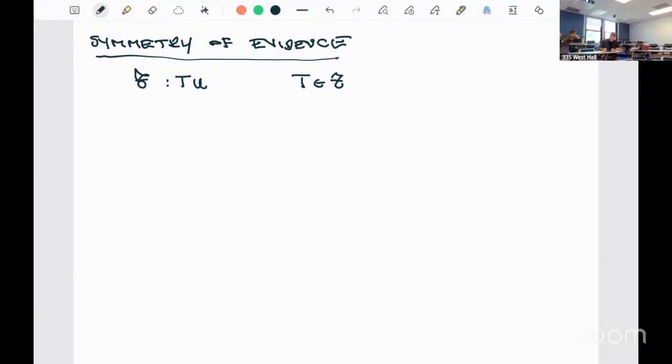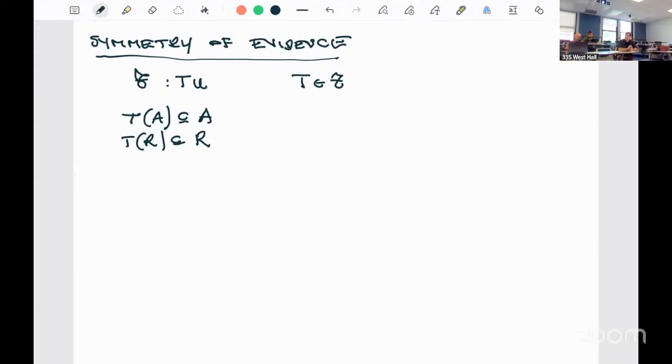Let's say, I'll write down all three of them. The first one says that T of any set of acceptable gambles should be included in the acceptable gambles, and T of the rejected gambles should be included in the rejected gambles. So T is the direct image. I take every element of A. This is weak.